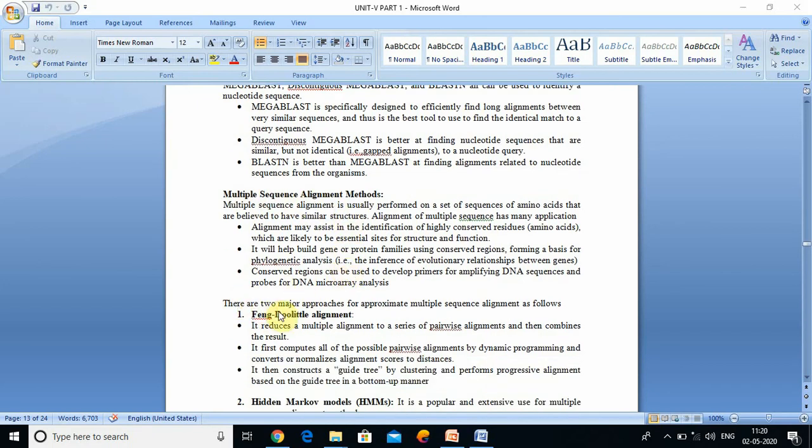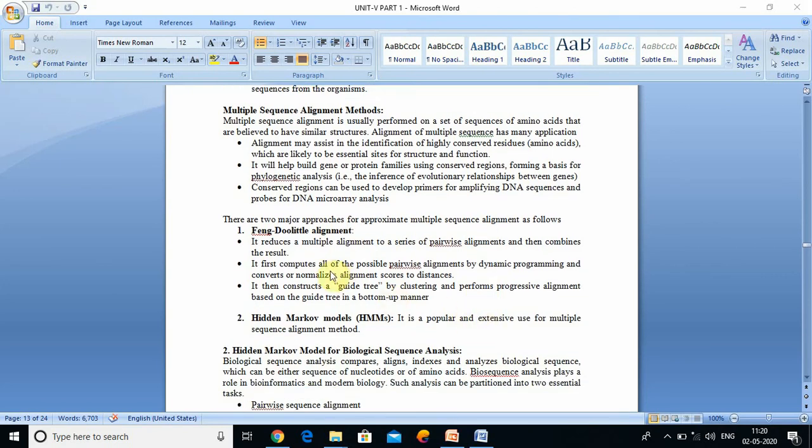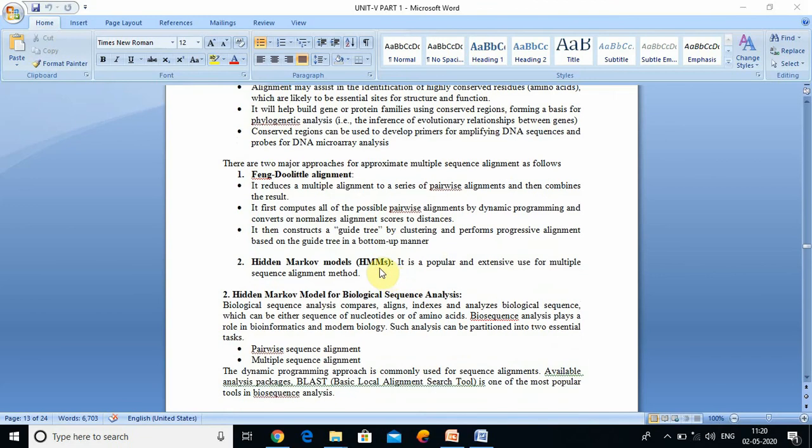And one more thing, there are two major approaches for approximate multiple sequence alignment. One is Feng-Doolittle alignment. This is one alignment technique. All of you read these points clearly.